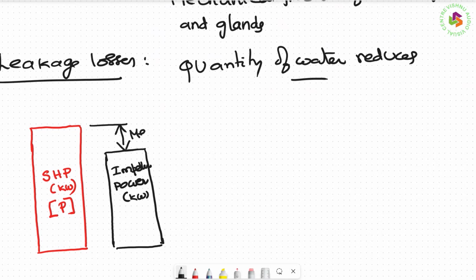This is the mechanical losses, right? This is the power now available. How much is the power available? It is equal to Vw2 u2 by g into gamma Q, right? This is the second.